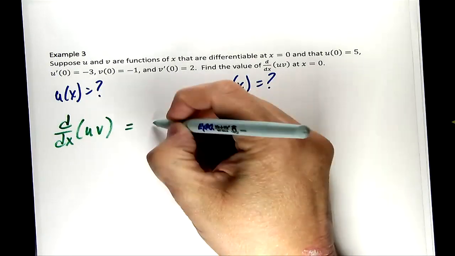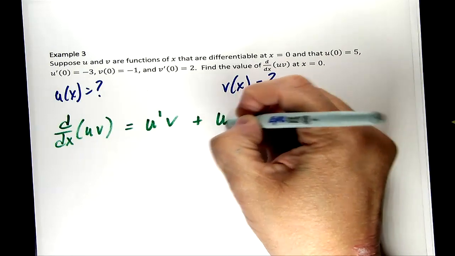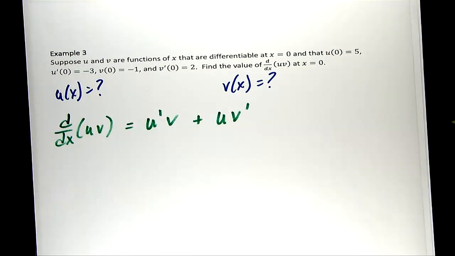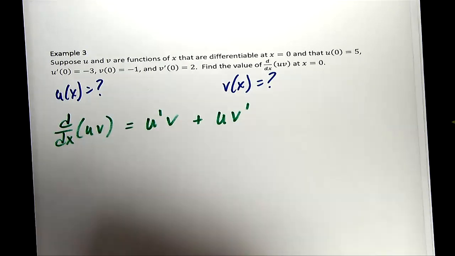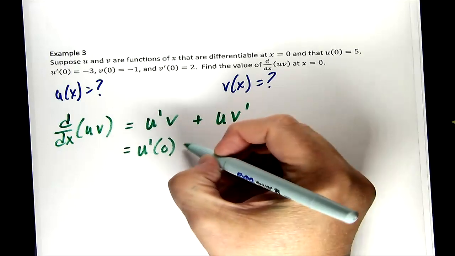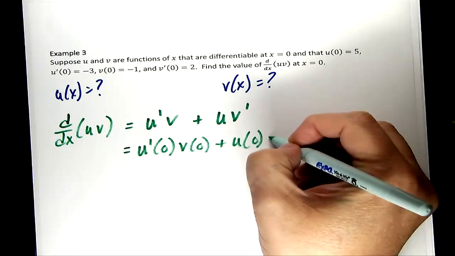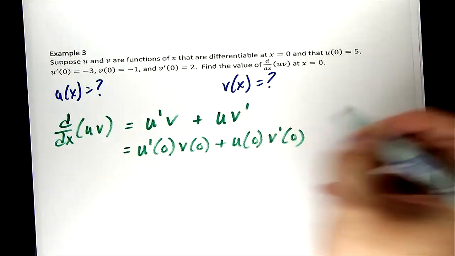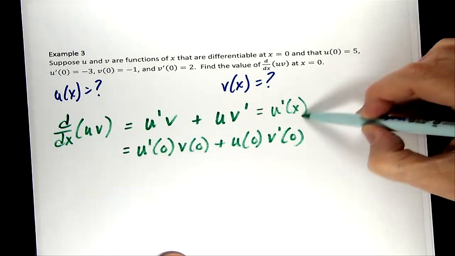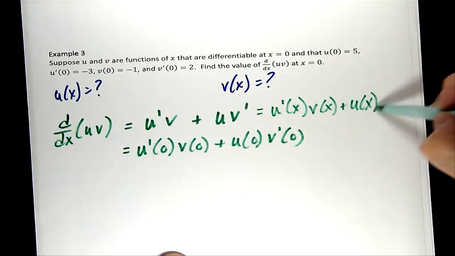We take the derivative of the first term times the second, plus leave the first term alone and take the derivative of the second. And since we're evaluating these at 0, this becomes like this. Because this was shorthand notation for u prime of x, v of x, plus u of x, v prime of x.